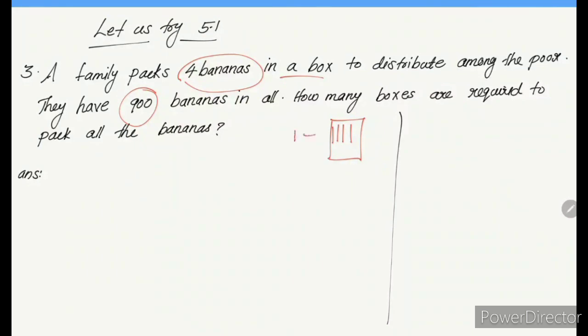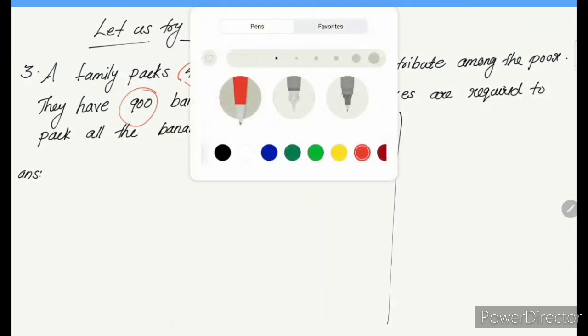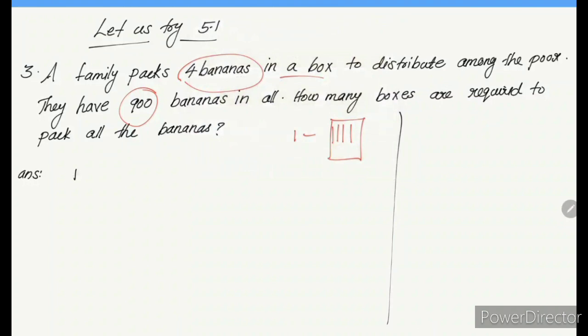In one box, 4 bananas. Then how many such boxes are needed to fill 900 bananas?